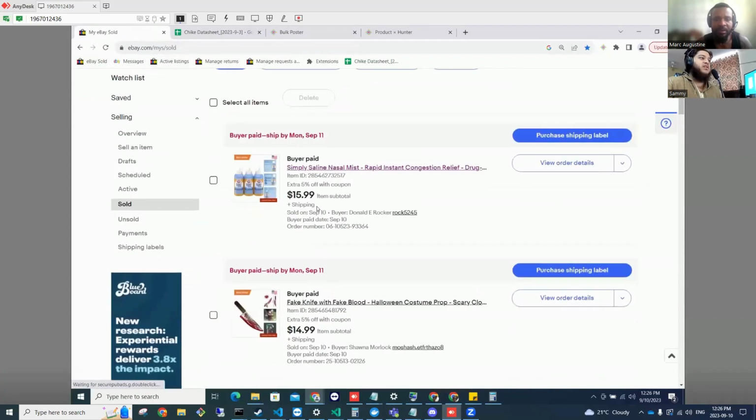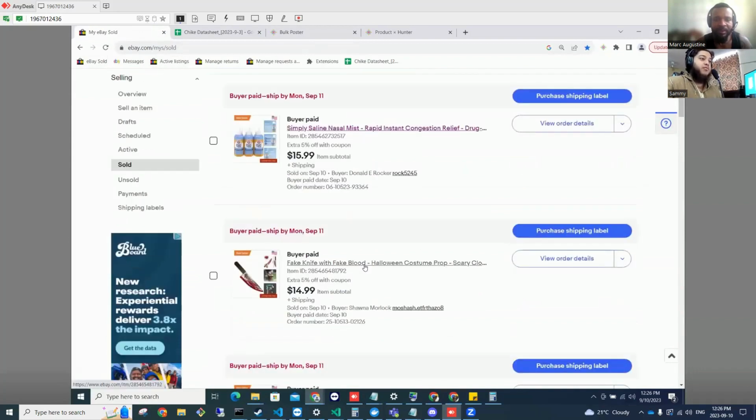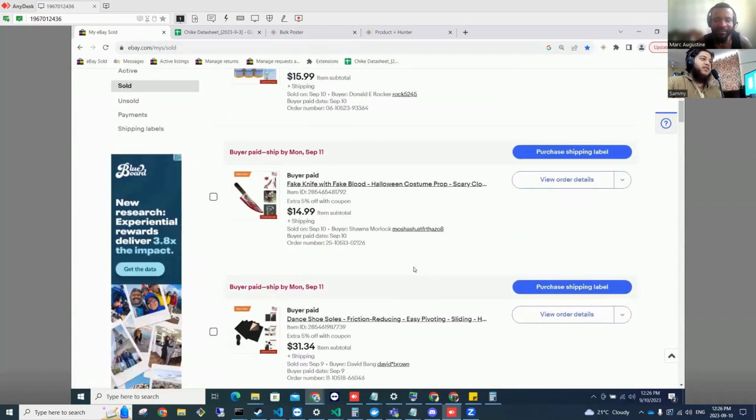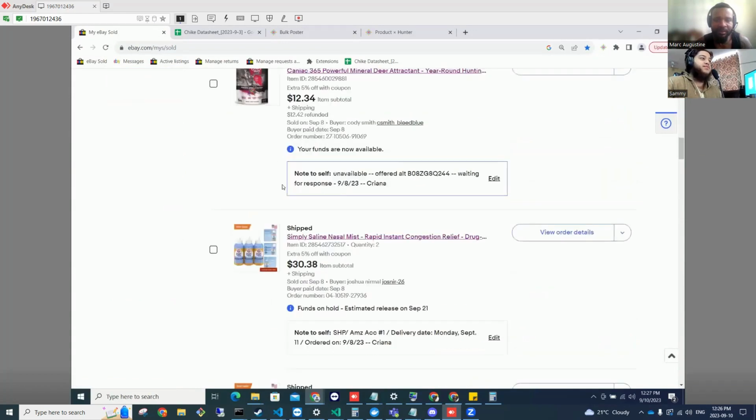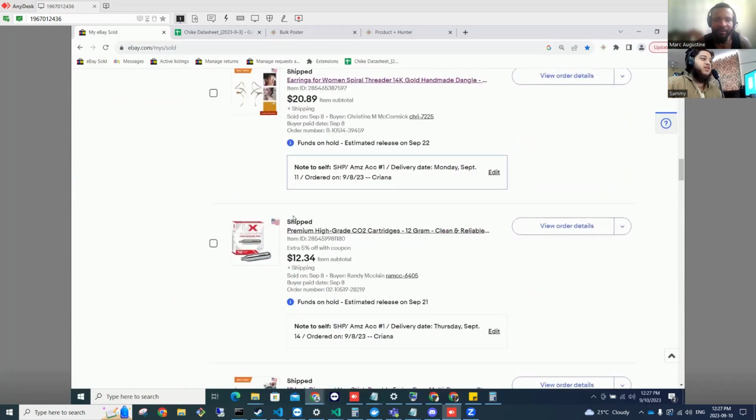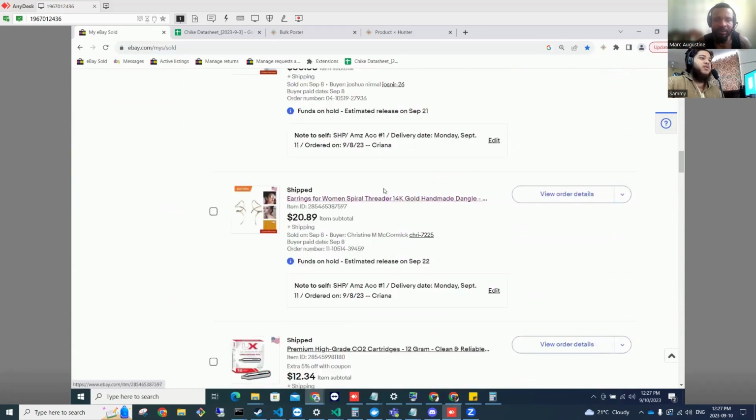Okay, so these are some of the sales that we got. Nasal mist, fake knife with fake blood. I guess that's for Halloween. Yeah, the Halloween item, I guess Q4 things are starting up. Shoe soles, friction reducing, pivoting. I remember we talked about earrings or something last time.